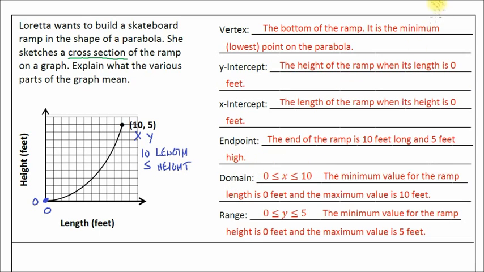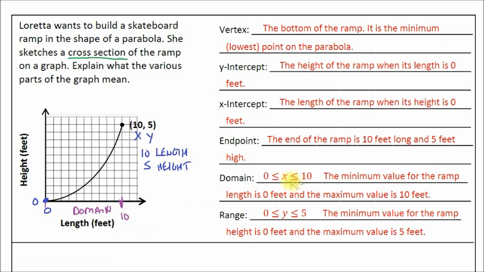Okay, now the trickier ones. Not so tricky, but just again a reminder, what does the domain tell you? Remember, domain is the x value. So I'm going to write here, the x values are the domain. Here's our domain. It doesn't go any farther than 10, and it doesn't go any lower than 0.